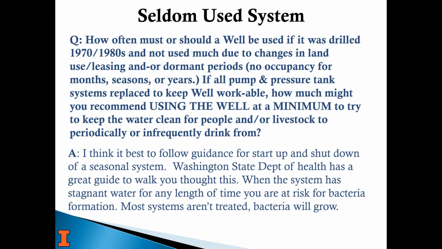If you really want to know what's the minimum to pump it so that you can keep it clean, so when you have people come in, or if livestock are going to use it, none of those things are going to work. The bottom line is you really need to follow guidance before the system's used. There are startup and shutdown procedures for seasonal systems.